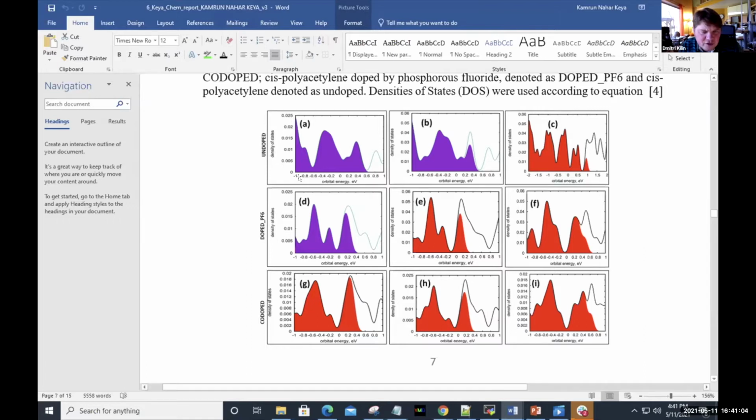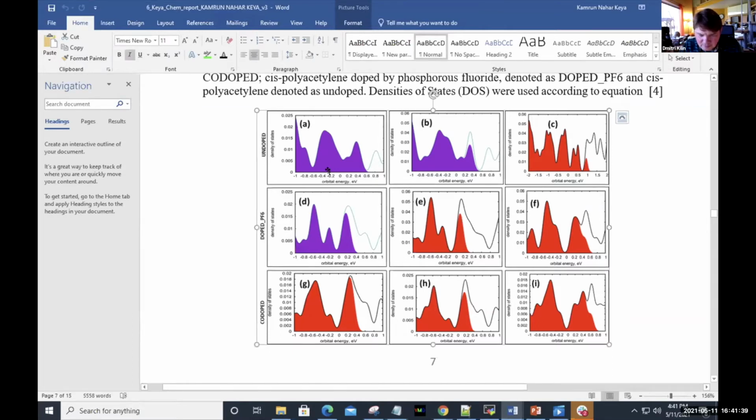Which model, which configuration has a band gap, and how big is it? This one is undoped, only 6 polyacetylene, with no doping added, in a neutral state. Keep explaining panel A. What is the size of the gap? Indicate where HOMO is and where LUMO is. What is the gap between them? Do you expect it to be a conductor or insulator? Just tell a little bit more.